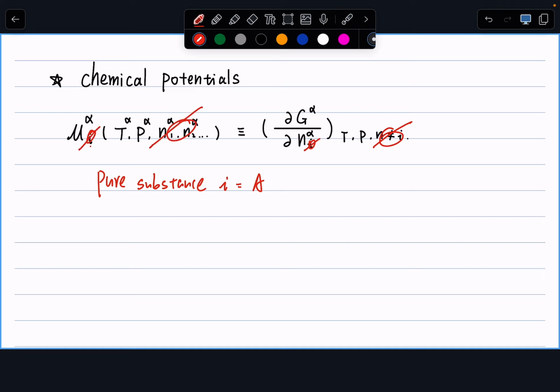We only have one pure substance. That effectively becomes mu alpha as a function of T alpha, P alpha, which is the partial derivative of G alpha over N alpha at constant T, P. That alpha denotes the phase of the system.